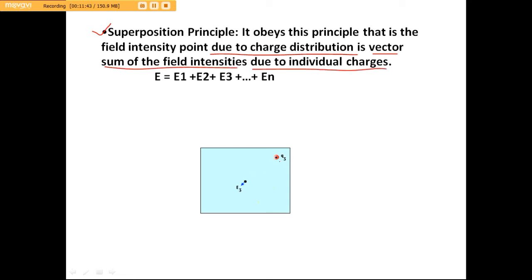Suppose here the charge is q1, here q2, e2, q3, e3, q4, e4. So it is the summation of E. That is the superposition principle.